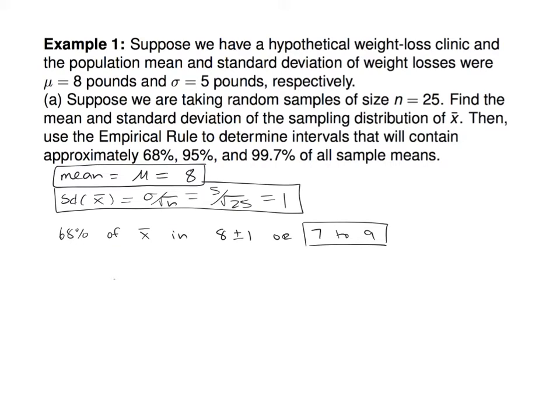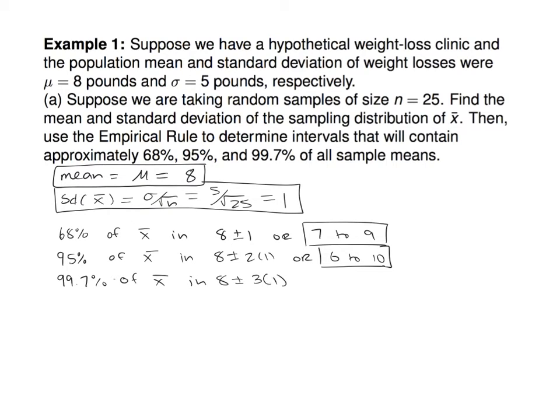So if we repeatedly do this experiment, 68% of the time we're going to see an average weight loss between 7 and 9 pounds. 95% of the time, x bar will be within 8 plus or minus 2 standard deviations, or 6 to 10, which says in 95% of our samples of 25, we'll see an average weight loss between 6 and 10 pounds. And 99.7% of the time, we'll see x bar in 8 plus or minus 3 times 1, which is 5 to 11.